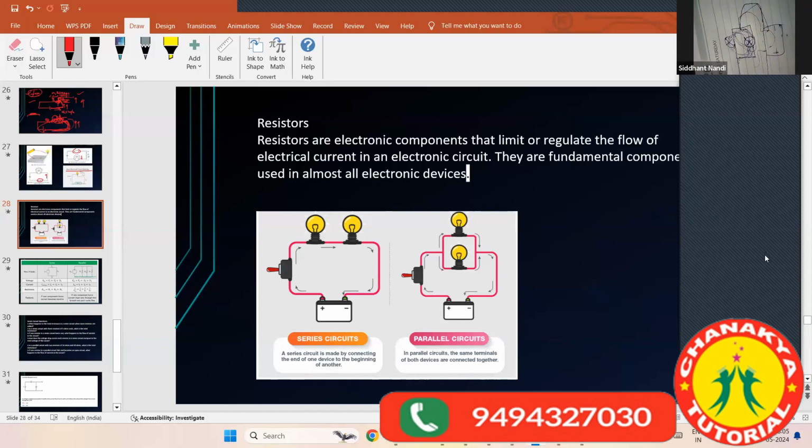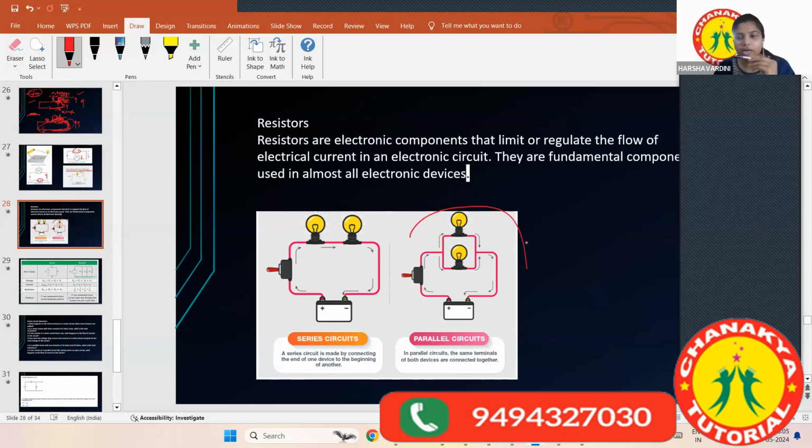No cycle. It's not possible. Technically, it's not possible, because the electric circuit is one way. It's not two way. One way means buses going this side, and other vehicles coming this side is two way. But an electric circuit is only one way. Always the current will pass through only this side. It will not come this side.